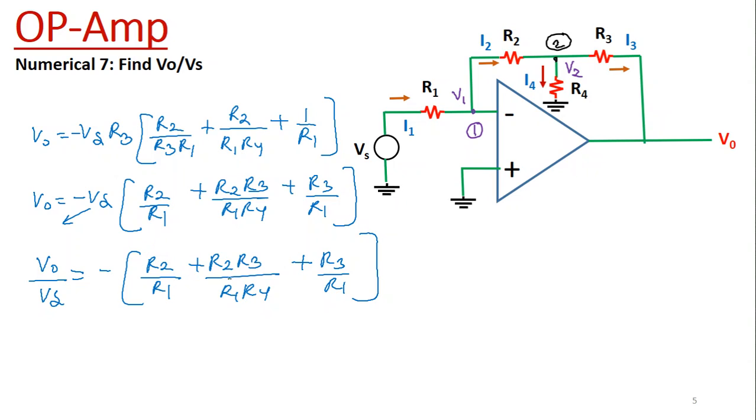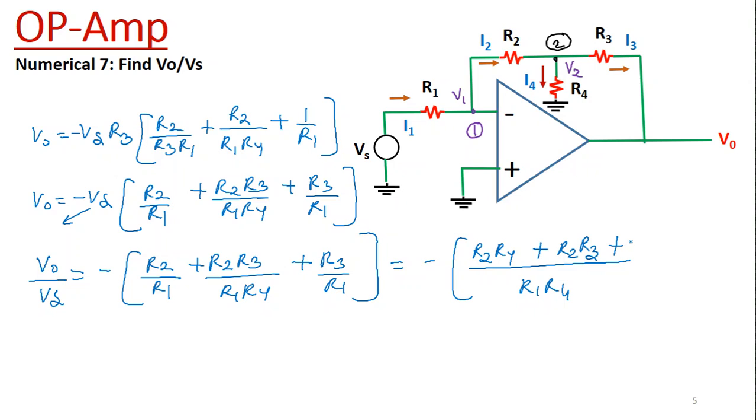Now we can take out the LCM. So after taking out the LCM, what will we get? Minus of whole, the LCM will be R1 into R4. So here we get R2 into R4 plus R2 into R3 will be there, plus again R1 R4 is there.